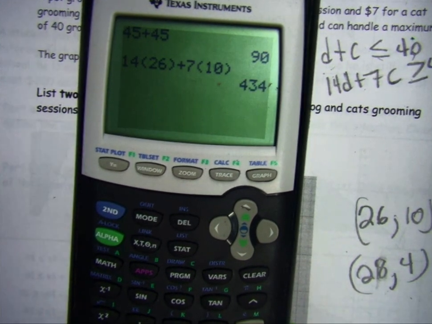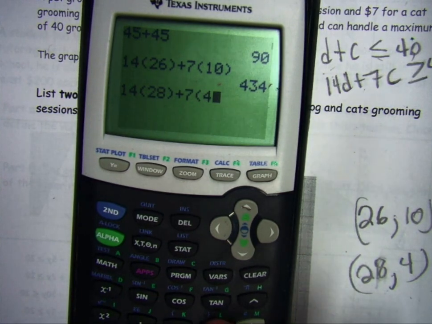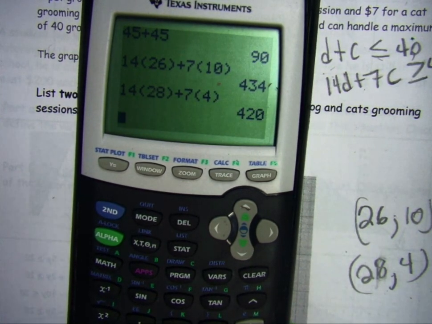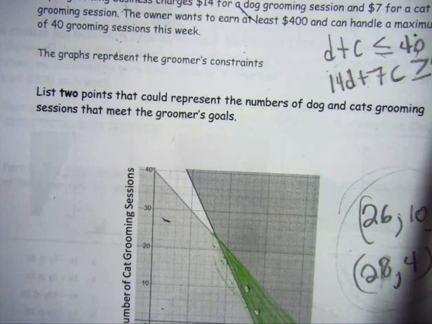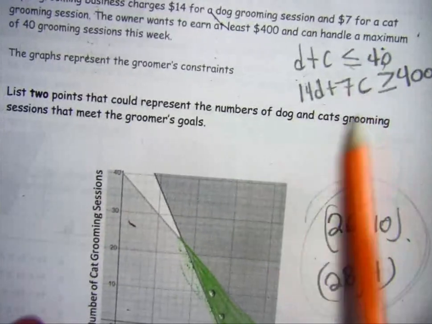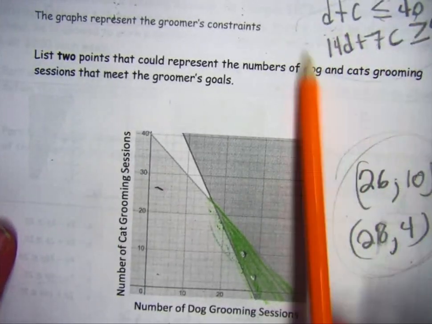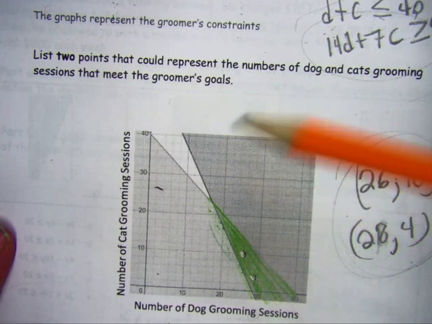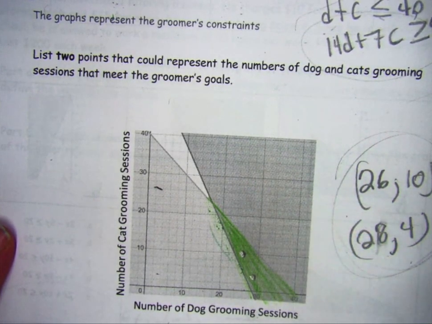It's greater than 400. 14 times 28 plus 7 times 4, greater than 400, okay? These points are working for both in the system, okay? They are a solution to the system when the inequalities overlap, okay, on the graph.